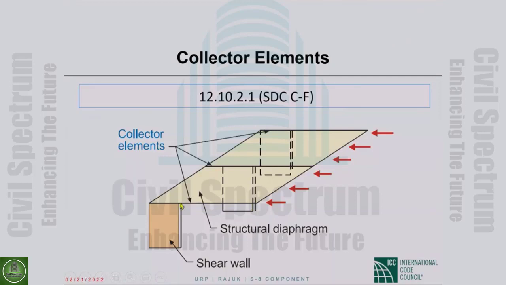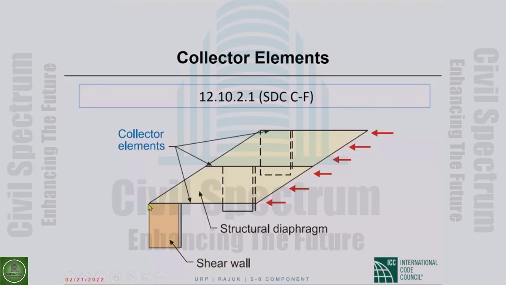If the entire diaphragm edge were supported on a shear wall, it would have been a direct shear transfer, but it is not. We have so much of diaphragm edge, only so much of shear wall. So at least a bunch of reinforcing bars has to collect the shears into a compression force that has to be delivered to the shear wall. When the earthquake direction reverses, the same reinforcing bars will be in tension.